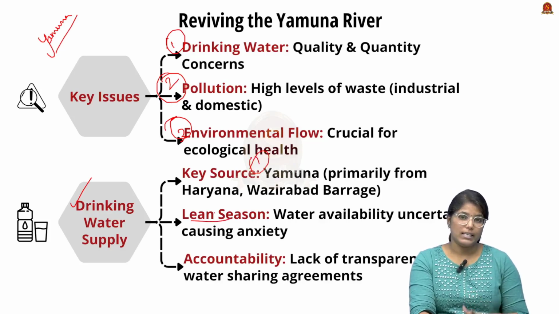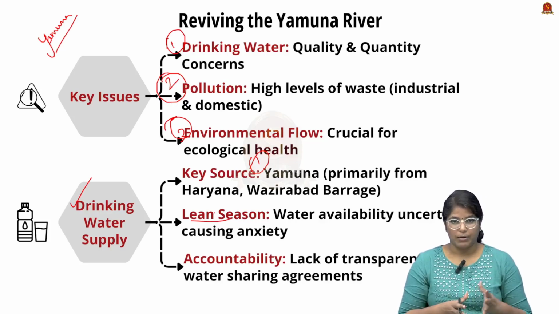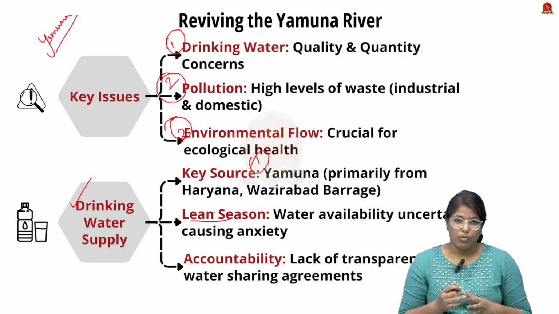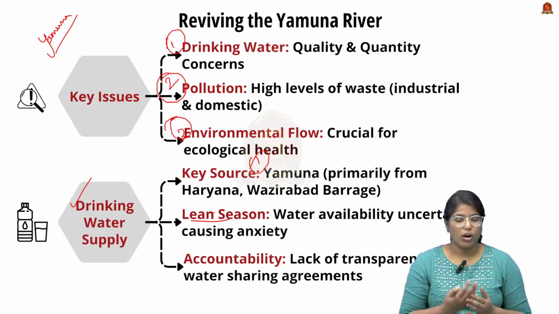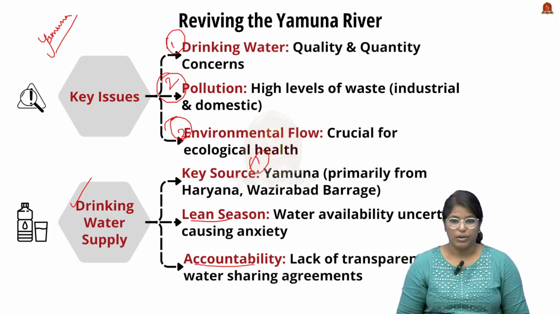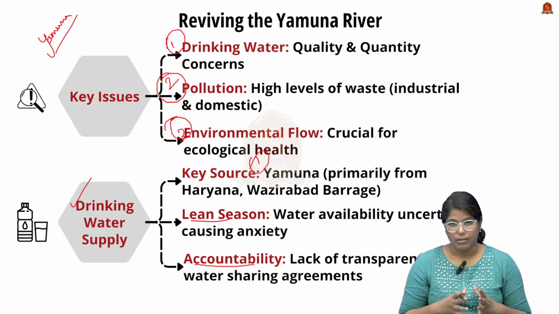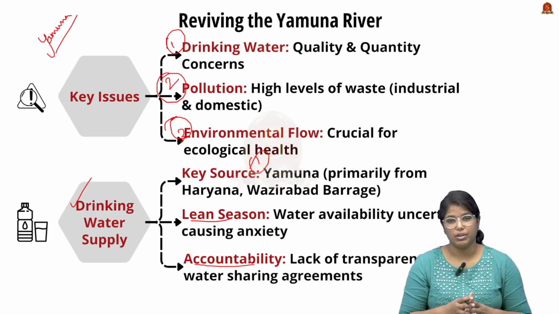And during the lean season as well, when a lot of water is extracted upstream, there is a lot of water availability uncertainty, which leads to conflict as well. And there is a lack of proper accountability, because there is no proper water sharing agreement between the states when it comes to sharing this particular river water.